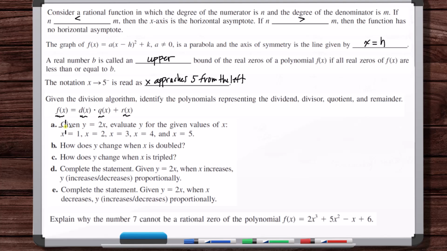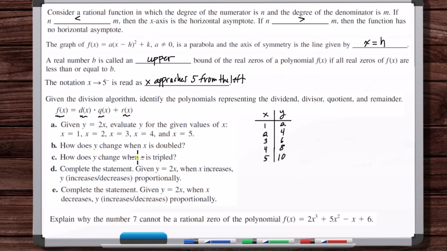Here's a separate question. Given y is equal to 2x, evaluate y for the given values of x. You have x equals 1, 2, 3, 4, 5. If y is equal to 2x, how does y change when x is doubled?